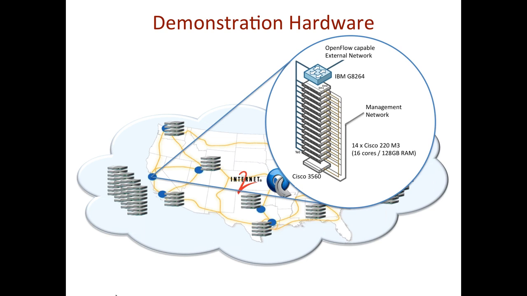This is, as the map indicates, located nearby. It's over at Stanford. So there's an OpenFlow top of rack switch, which gives us connectivity onto a larger OpenFlow based network. But there's also a local management network, and we have 14 16-core processors that we're running XOS and OVX on right now.